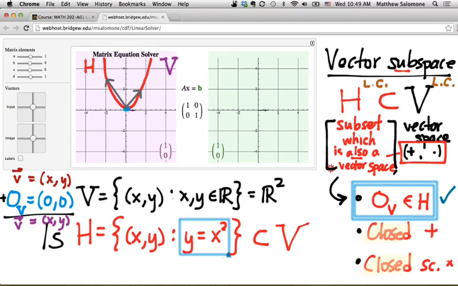So I'm supposed to take two elements from my subset, H, so two points on this parabola, if you like, and add them together. And if H is really a vector subspace, where is their sum supposed to live? In H, again. Let's do it geometrically first. So here I'm taking one vector, let's call it v1, and another vector v2, each of which is an element of H. It's a point on my parabola. And then I'm going to add these vectors together.